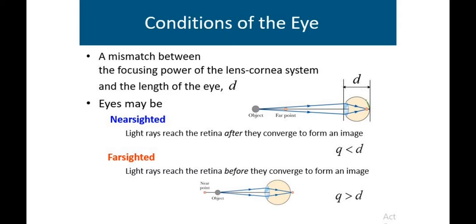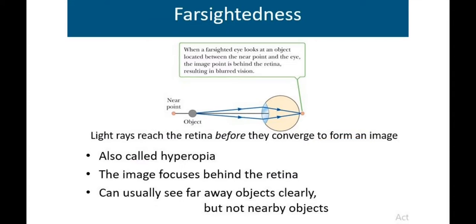And farsighted people are those when the image gets focused before the retina. So, okay, two situations. Let's go into more detail. Farsightedness is mostly for older people.